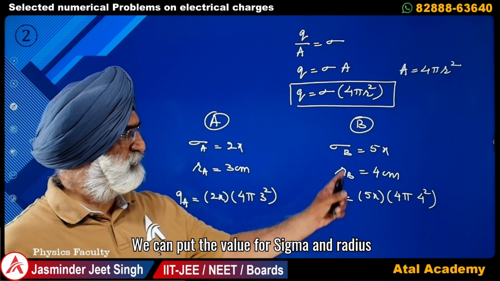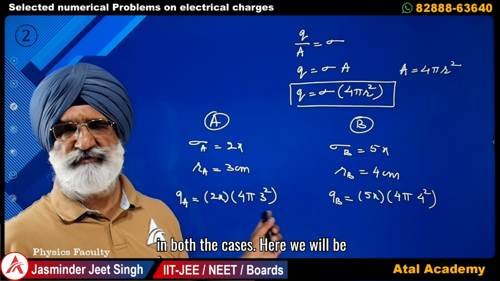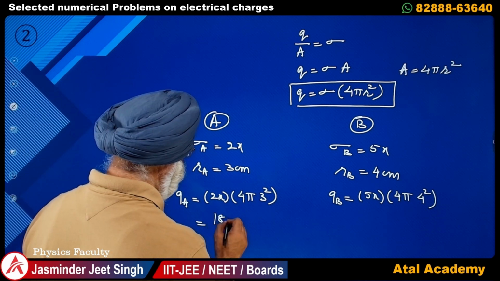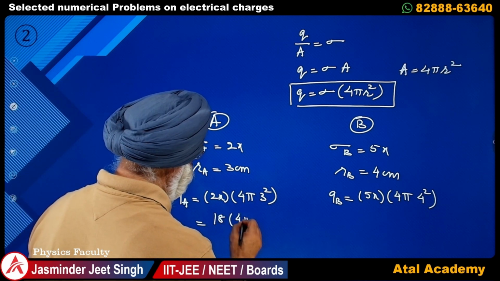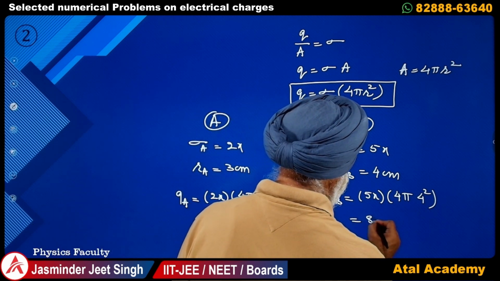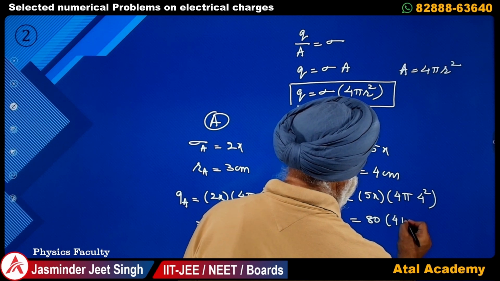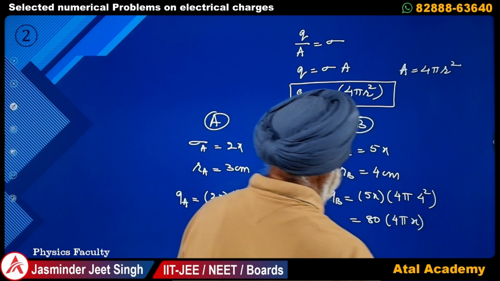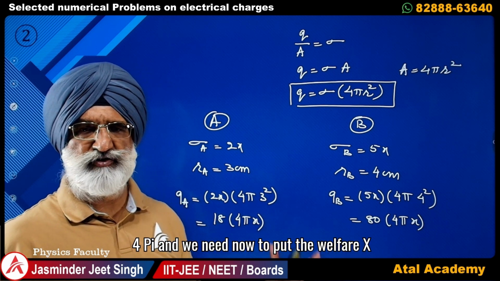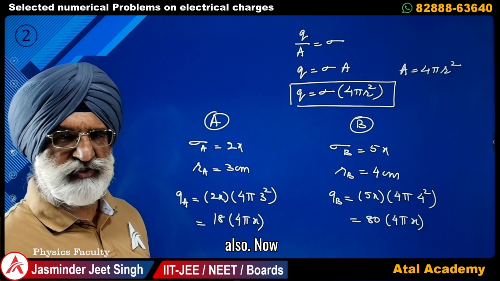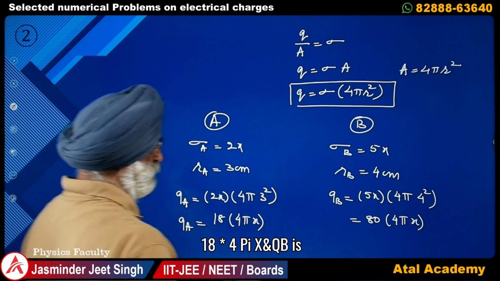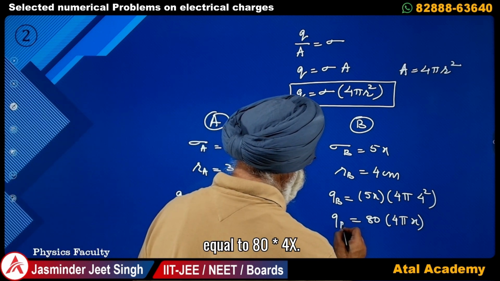Putting in the values for sigma and radius in both cases, we get QA equal to 18 into 4 pi x and QB equal to 80 into 4 pi x.